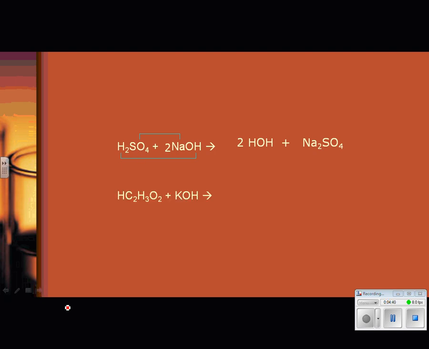Okay, so let's look at acetic acid and potassium hydroxide. Again, we take the hydrogen from our acid and the hydroxide from our base, and that would give us water. Then we take the cation of our base, which is our positive ion, potassium, and the negative ion of our acid, which would be our acetate. Potassium is a +1 from the periodic table, and acetate's a -1.